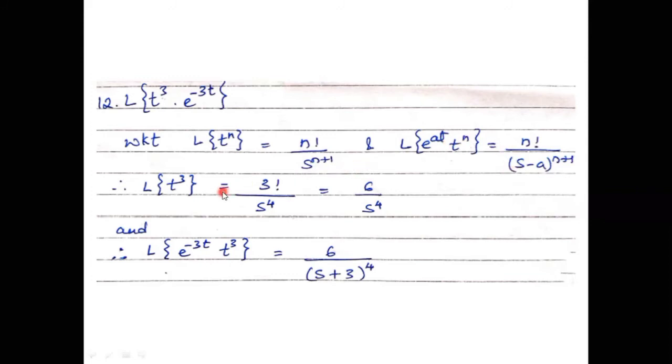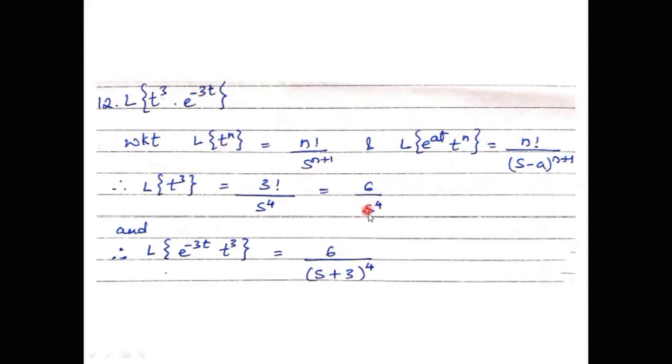See here, I know what L of t cube is. It is 3 factorial by s power n plus 1, so it is s power 4. 3 factorial is 6, so it is 6 by s power 4. But you have this additional e power minus 3t. In place of a, you have minus 3.